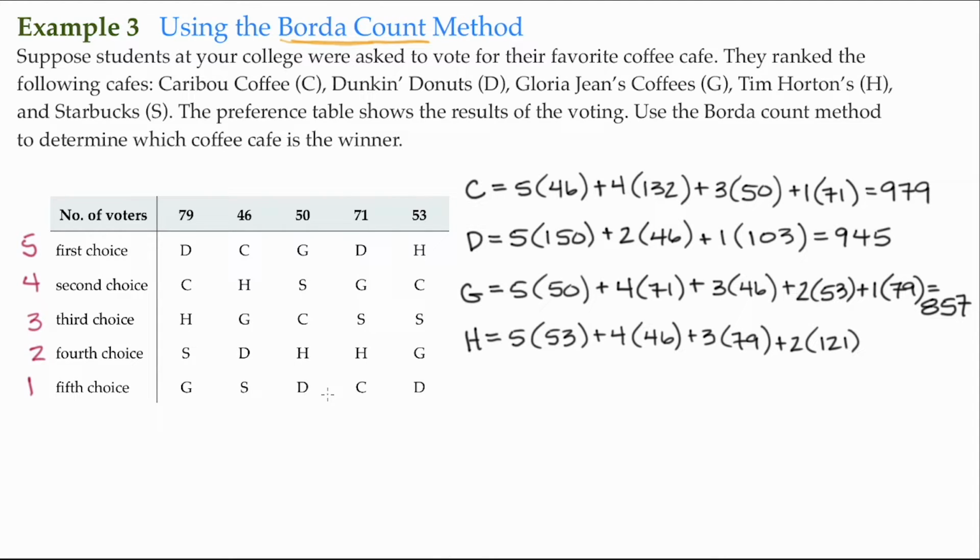And no fifth choice ranking. So then we tally this all up. That's 928.